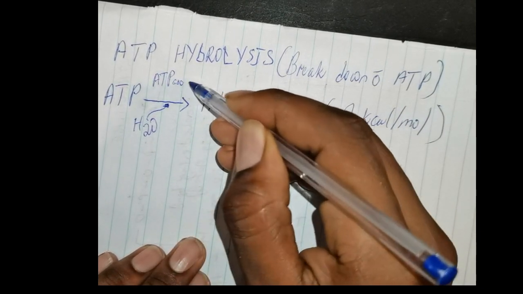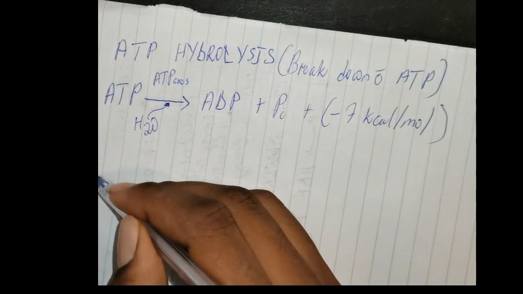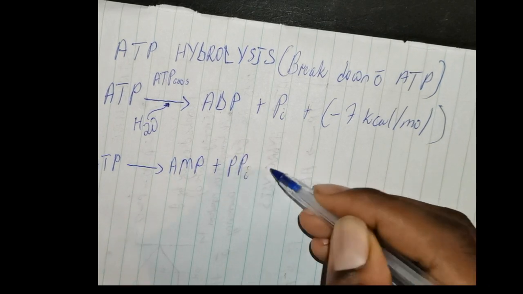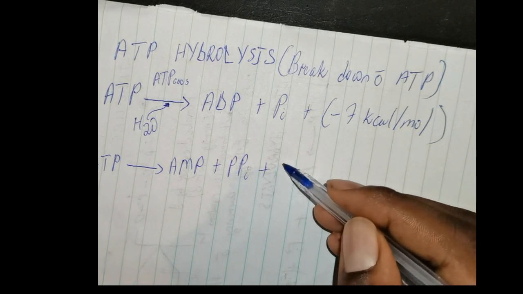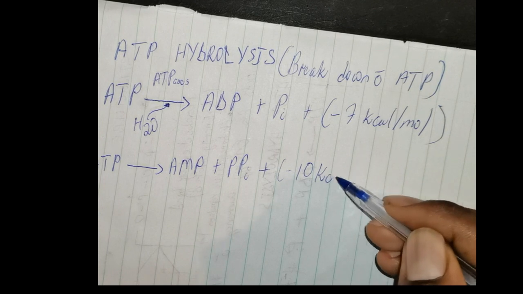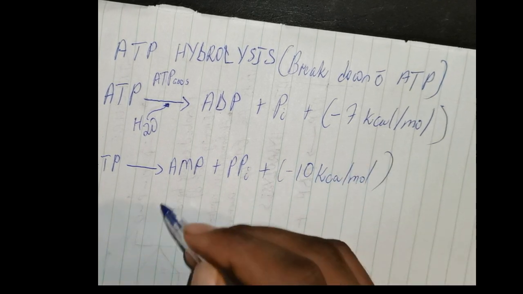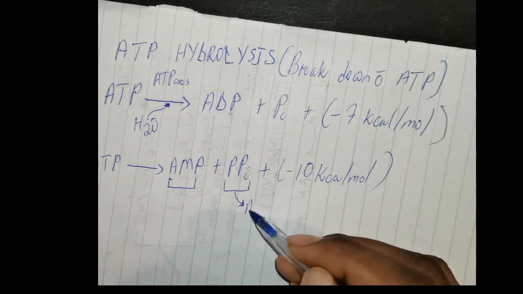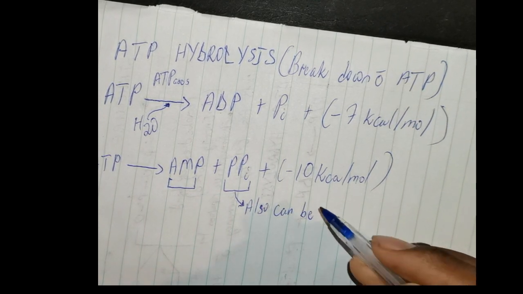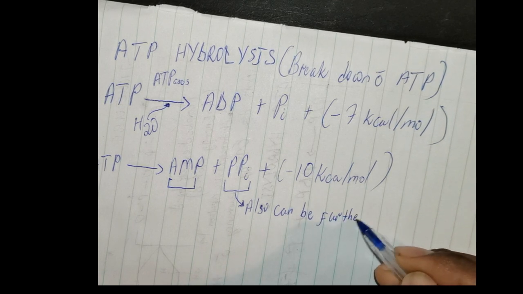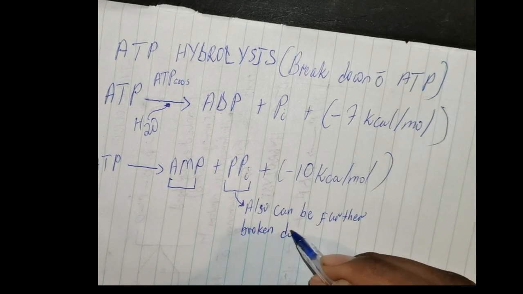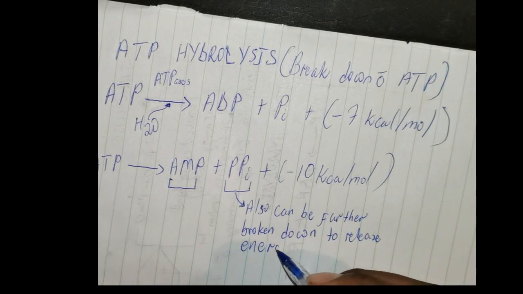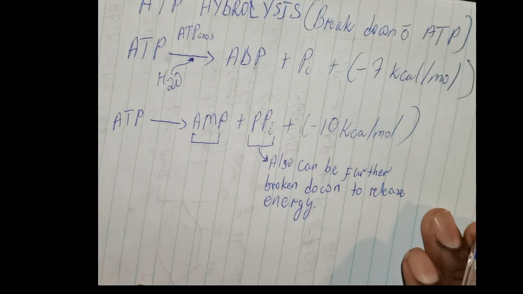I'm sorry for that, it should be negative 7.3 kilocalories per mole. This reaction is powered by a group of enzymes called ATPases. Also, ATP can be broken down to adenosine monophosphate, AMP, plus pyrophosphate, and this reaction releases negative 10 kilocalories per mole of energy.